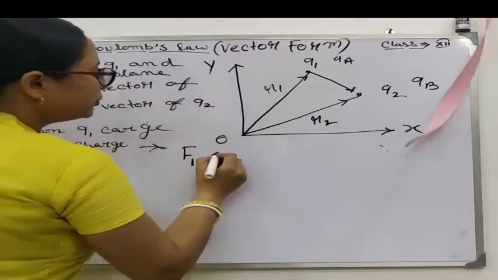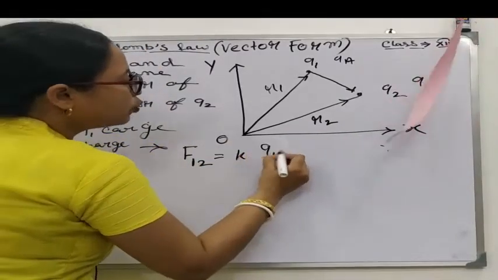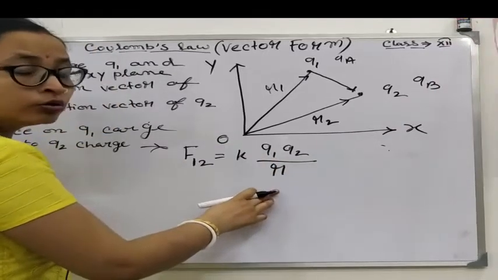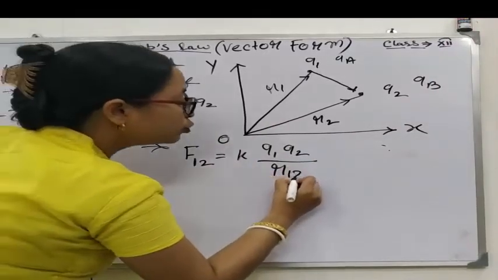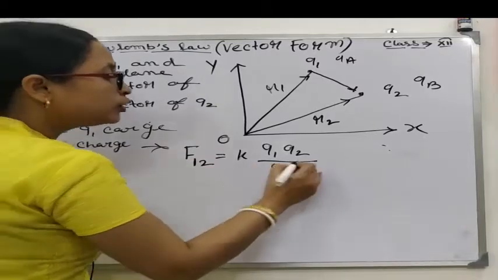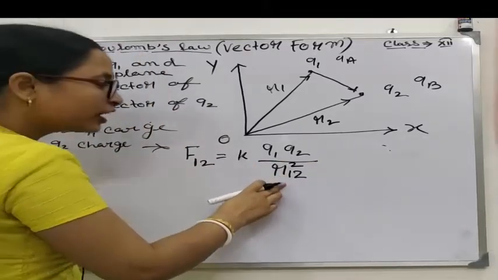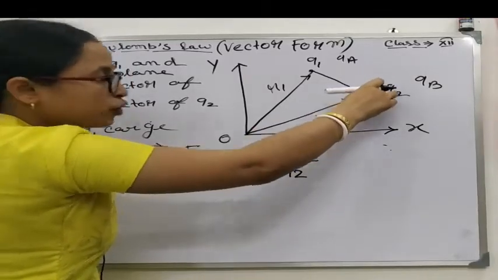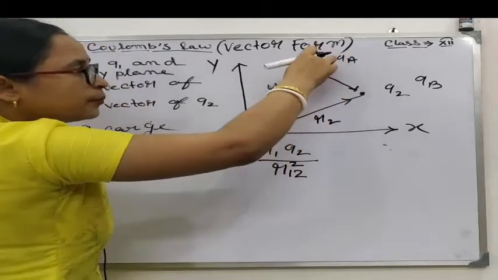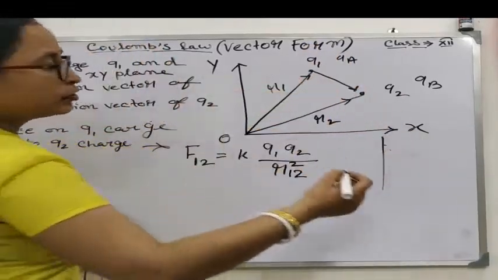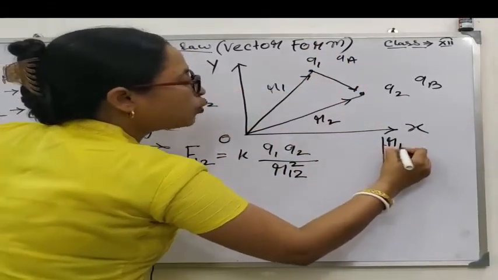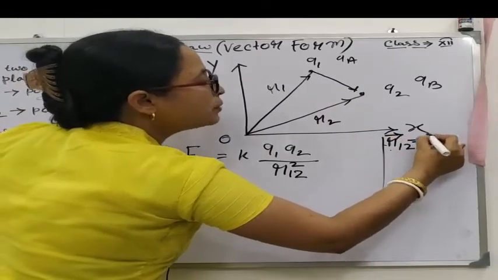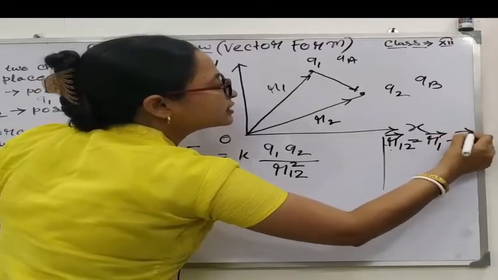Okay. So it will be K into Q1 Q2 divided by R. Now R, what do we have to write? R12. Clear? Now R12 means position vector of 1 from 2, that means the distance between these two charges. In class 11th, in the vector chapter, we already learned that R12 can be written as R1 minus R2, like this.